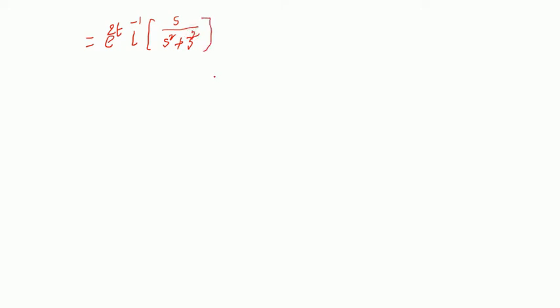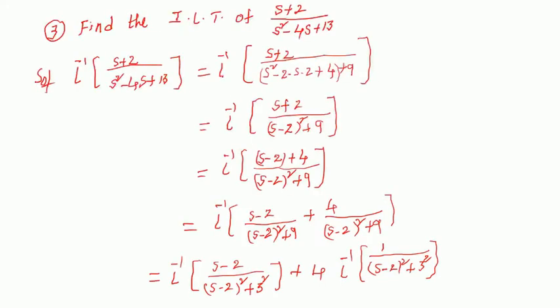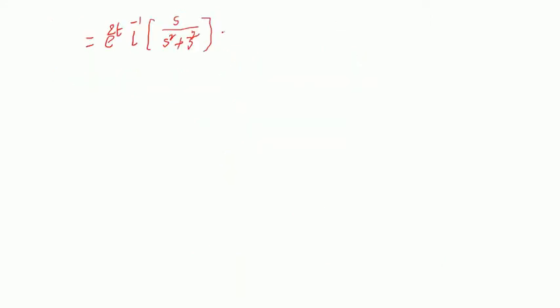Next term is plus 4 into, here also s minus 2 is there, so e power 2t can be written. Now the role of minus 2 is completed. Now 1 by s square plus 3 square you can write.